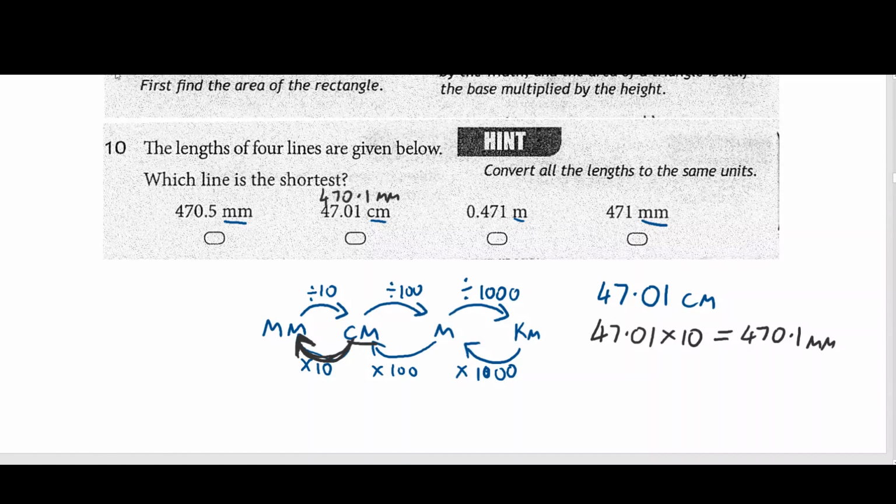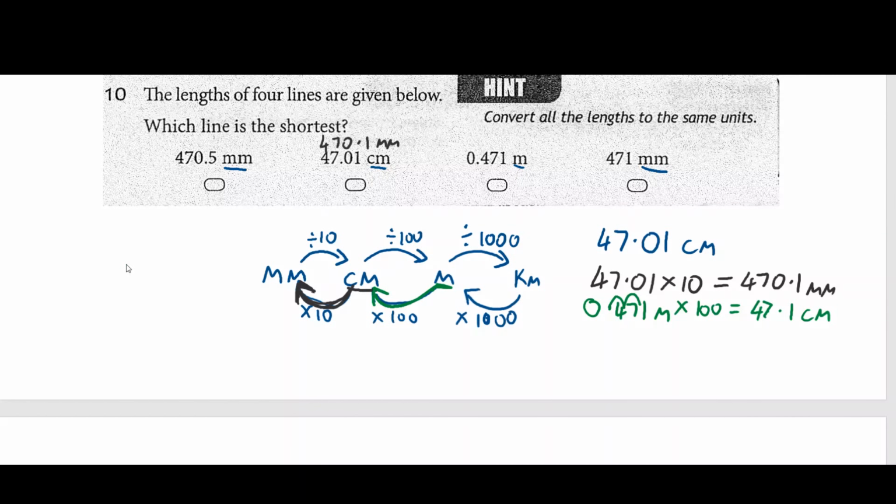Okay, and next, we've got 0.471 meters. So we've got meters now, and I need to put it to millimeters. Alright, so I'm going to do the first step. I'm going to put it to centimeters first. So I'm going to times that by 100. When I times this number by 100, the decimal point jumps 2 spots to give me 47.1 centimeters.